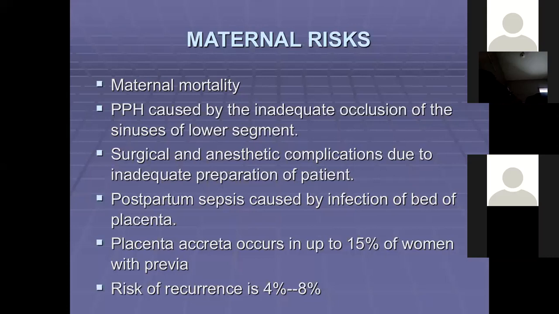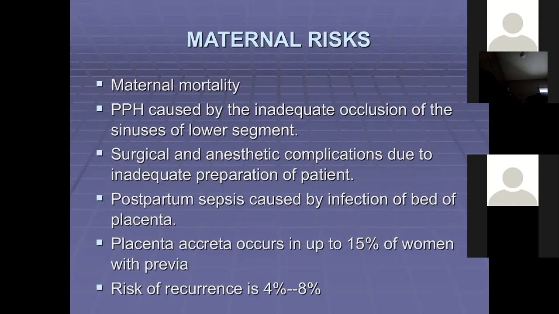As a result, the patient may have PPH. PPH is caused by inadequate occlusion of the sinuses of the lower segment. Other risks are surgical and anesthetic complications due to inadequate preparation of the patient, postpartum sepsis caused by infection of the placental bed, and placenta accreta, which occurs in up to 15% of women with previa. The risk of recurrence of this condition is 4 to 8%.